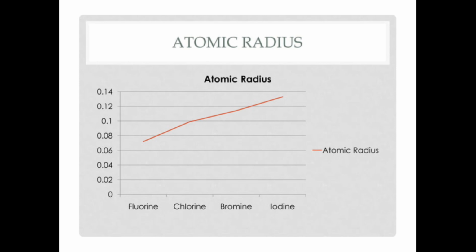As you move down the group, the number of shells increases. That means the outer electrons are going further away from the nucleus, so the atomic radius, the distance between the electrons and the nucleus, increases. The atomic number is also increasing.